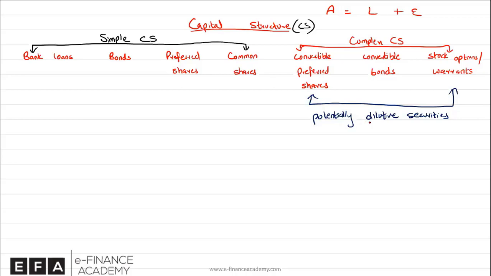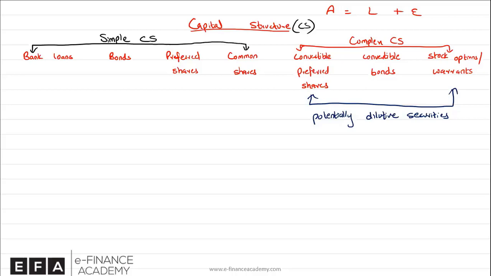And as we said, these are called potentially dilutive because if their form changes, if they get converted, for example, into common shares, then that might potentially bring the EPS down. And the principle is, if they are found to be dilutive, then the accountants should not only report basic earnings per share on the face of the income statement, but also diluted earnings per share as well.